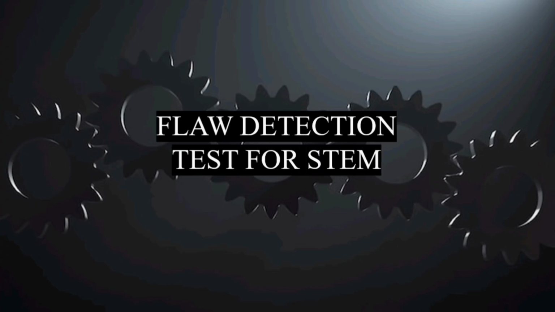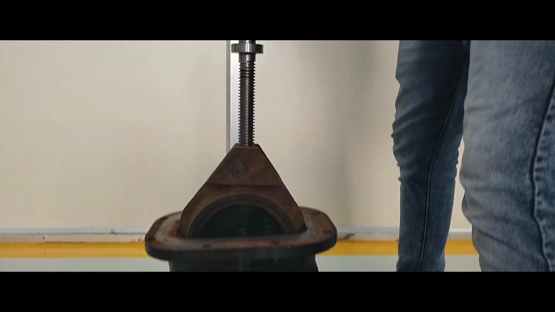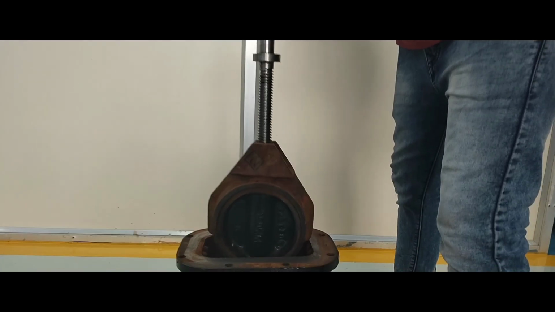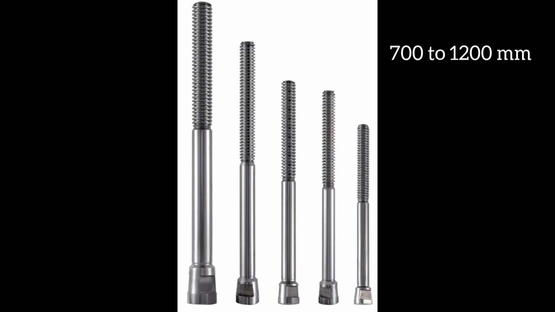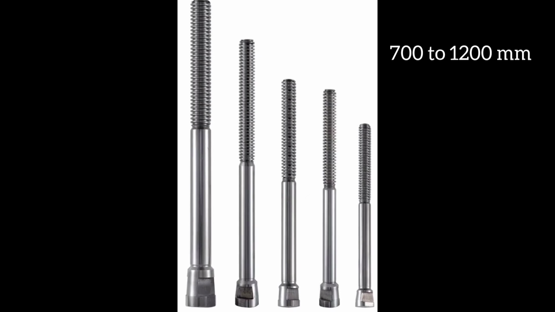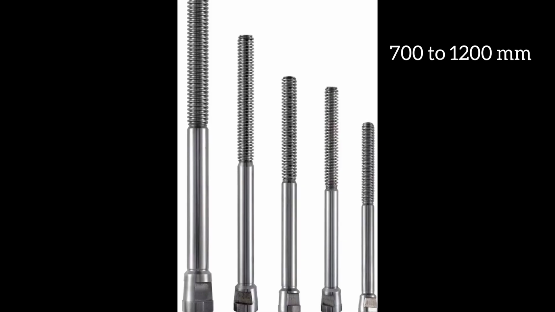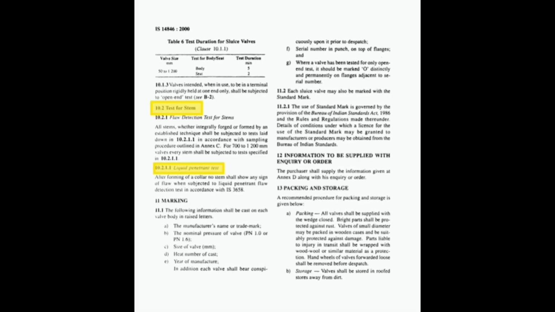Flaw detection test for stem. All stems, whether integrally forged or formed by established technique, shall be subjected to liquid penetrant test. For 700 to 1200 mm valves, every stem shall be subjected to the test specified in class 10.2 in IS 14846.